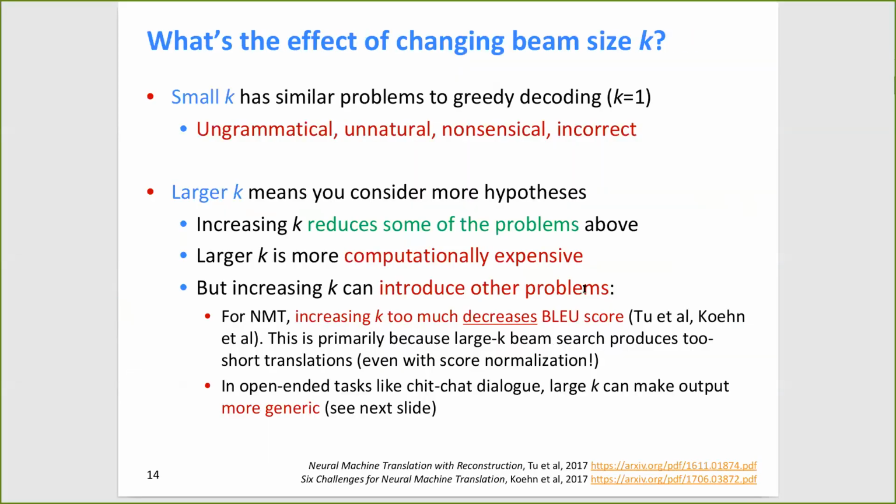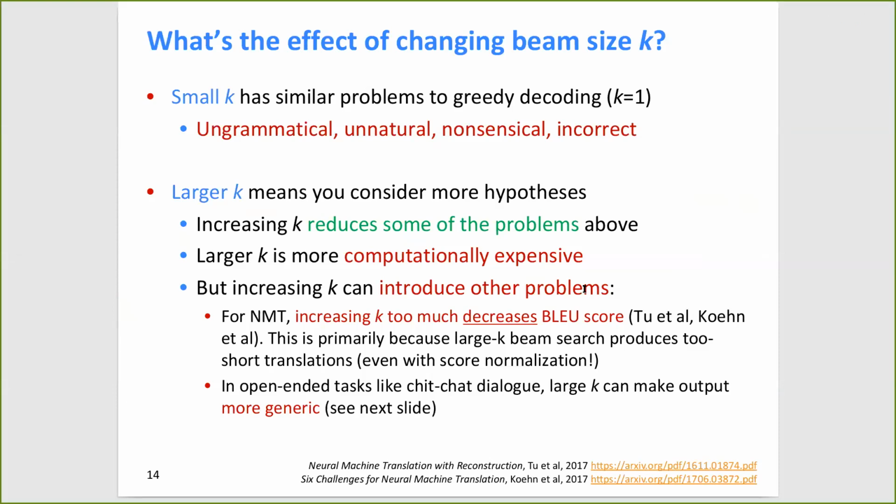So larger k means that it is computationally expensive. And besides that, increasing k also has other problems. It has been seen with experiments that if the k is increased too much, that leads to a decrease in BLEU score. BLEU score is one of the methods of evaluating some NLP tasks, like machine translation. And why does that happen?